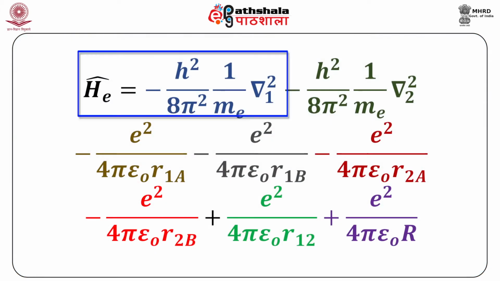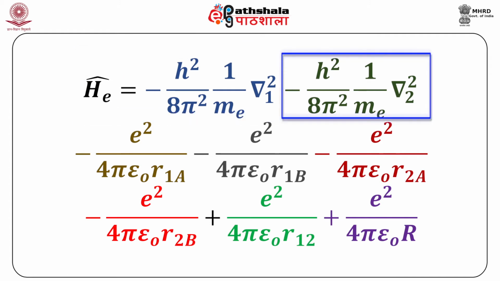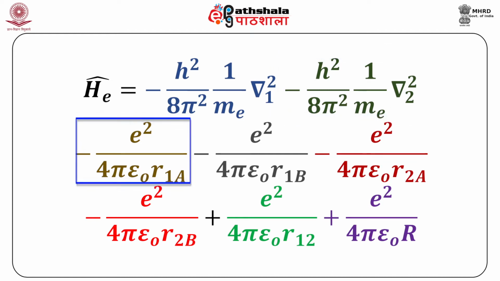It is the electronic Hamiltonian, He cap, that's equal to minus h square upon 8 pi square me del 1 square, which is the kinetic energy of electron 1, minus h square upon 8 pi square me del 2 square, which is the kinetic energy of electron 2, minus e square upon 4 pi epsilon 0 r1A. This is negative, so it is the electrostatic attraction between electron 1 and the nucleus A.